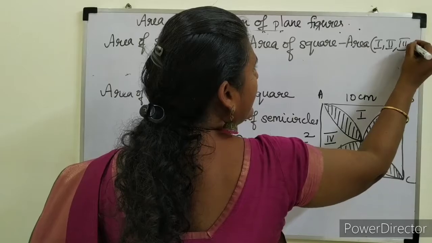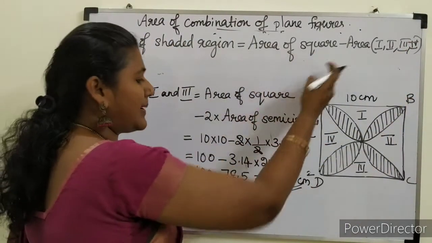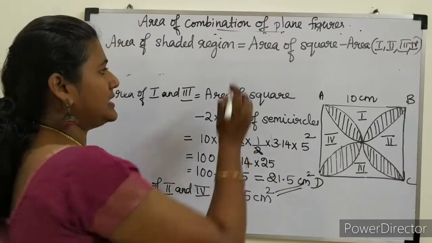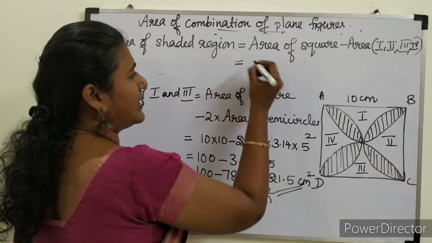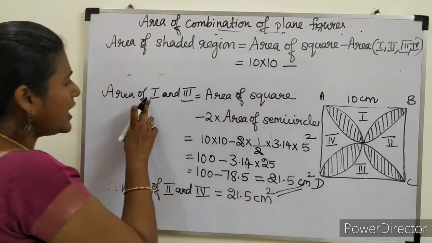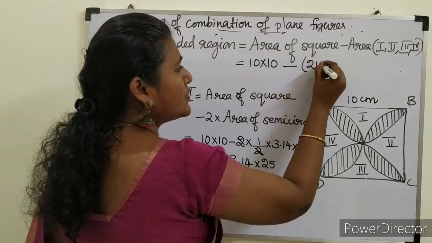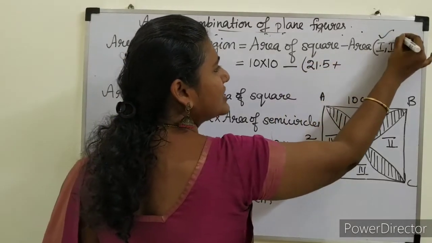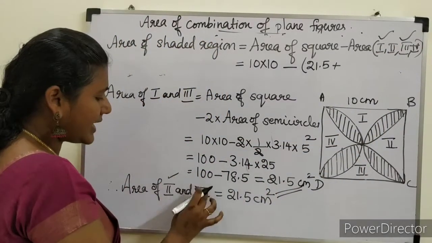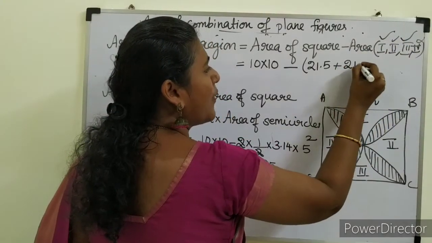Area of square is 10 into 10, that is 100, minus area of 1 and 3, which we got as 21.5, and area of 2 and 4, which is also 21.5.